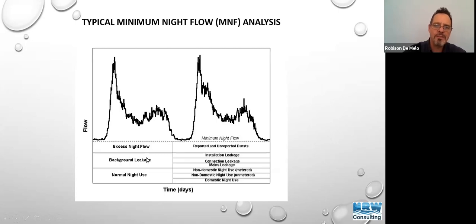Background leakage: what could happen in connection leakage, main leakage, and installation leakage. And we get what we call our excess night flow or a burst, which can be reported or unreported bursts.